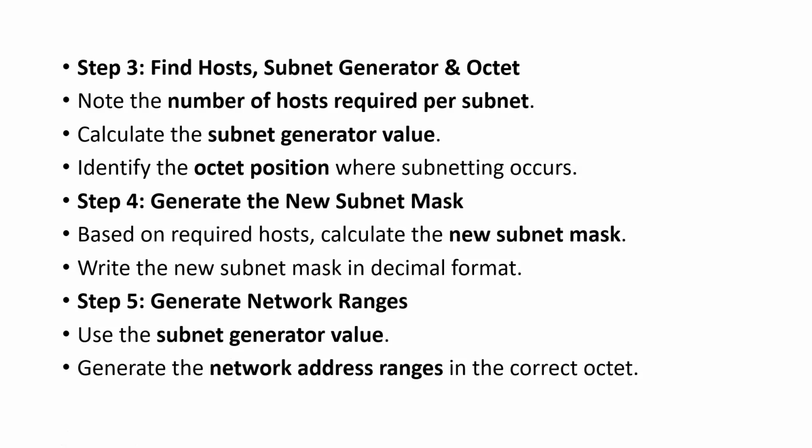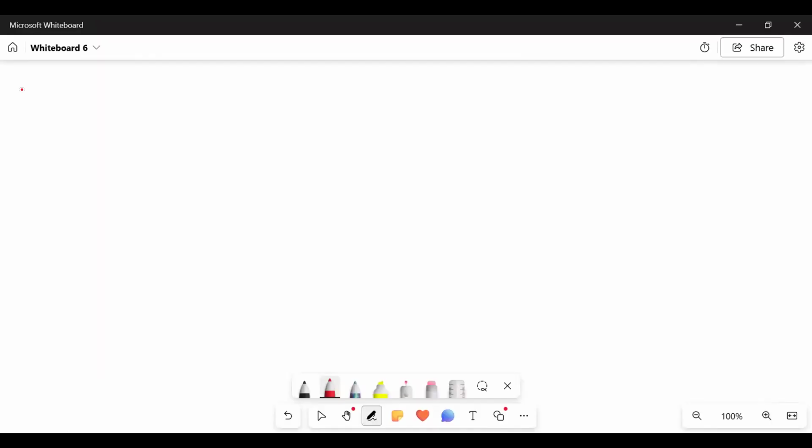Now let's discuss how to solve this subnetting problem. Subnet the IP address. For example, it is given 216.21.5.0.